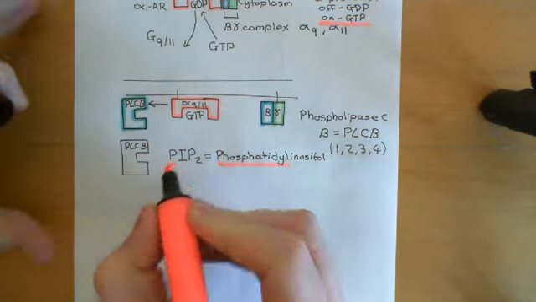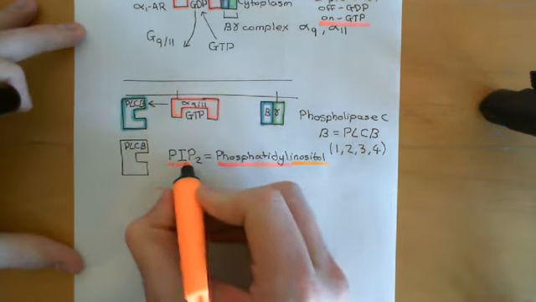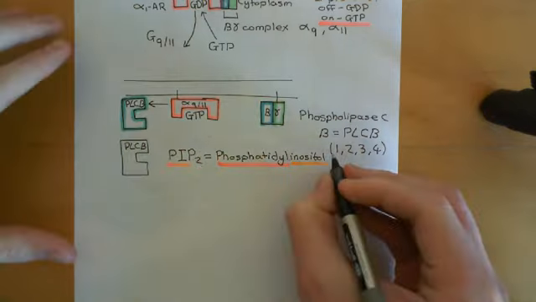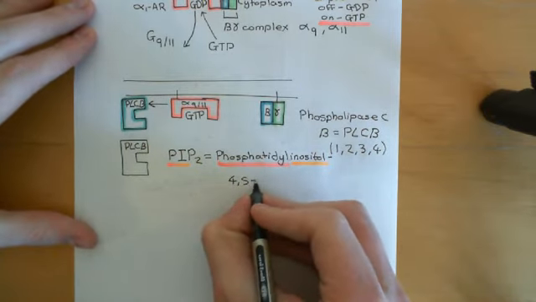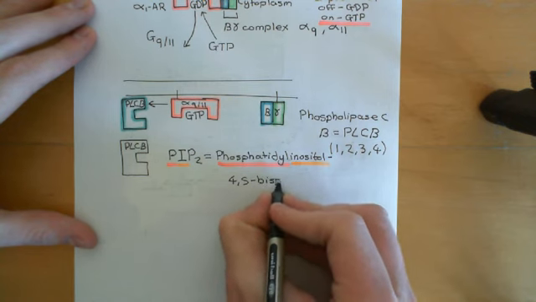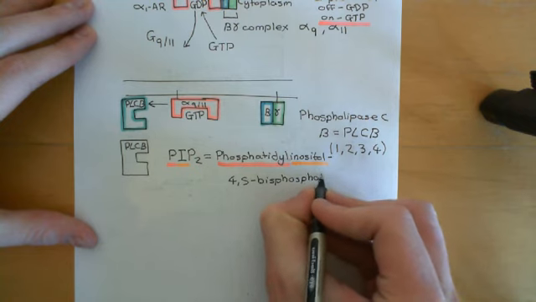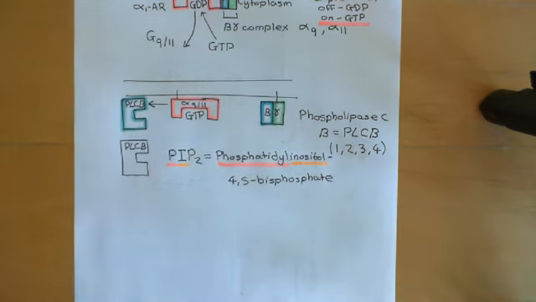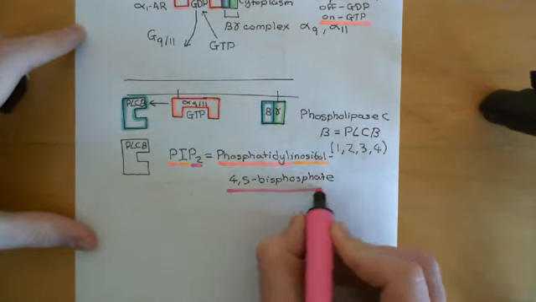The I is for inositol here. And then it's phosphatidyl inositol 4,5 bisphosphate. So the P2 on the end means phosphate, and because you've got two phosphate groups, it's P2. So this P2 is for the bisphosphate, the 4,5 bisphosphate.